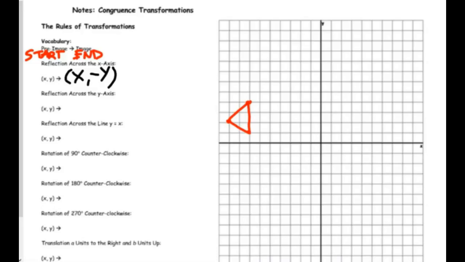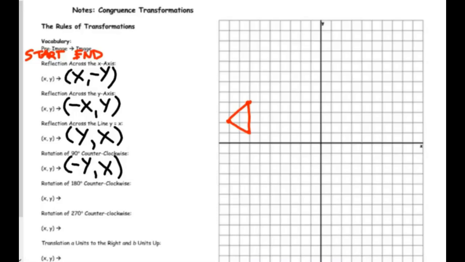Reflection across the y-axis, I'm going to write all these down real quick, and I'll explain it in a minute: (negative x, y). (y, x). (negative y, x). (negative x, negative y). (y, negative x).